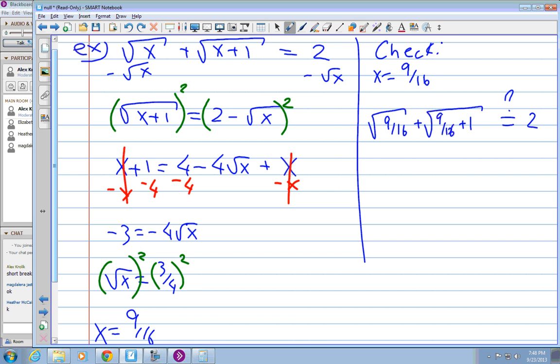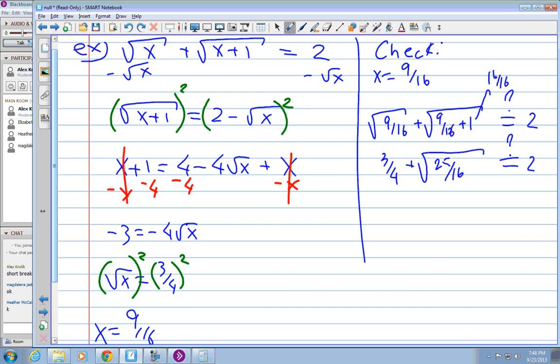So square root of 9/16 is 3/4. While 9/16 plus 1, I have to turn 1 into 16 over 16 to get the common denominator. So 9 plus 16 is 25 over 16. Right?